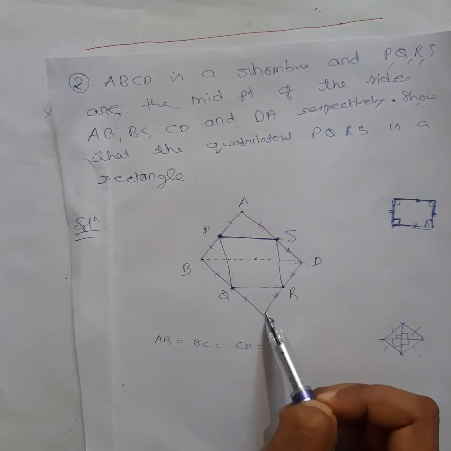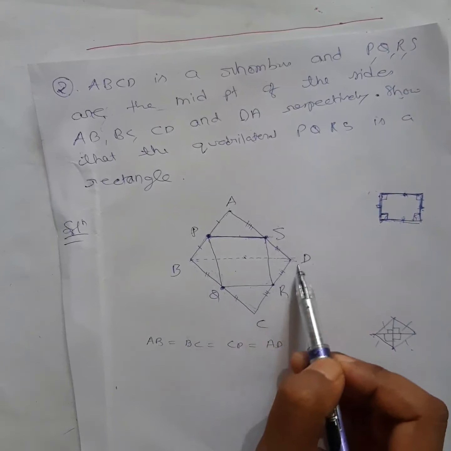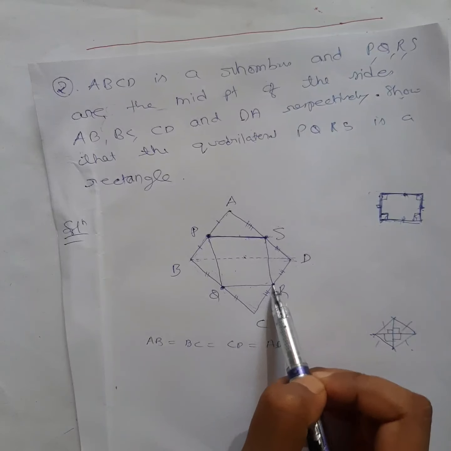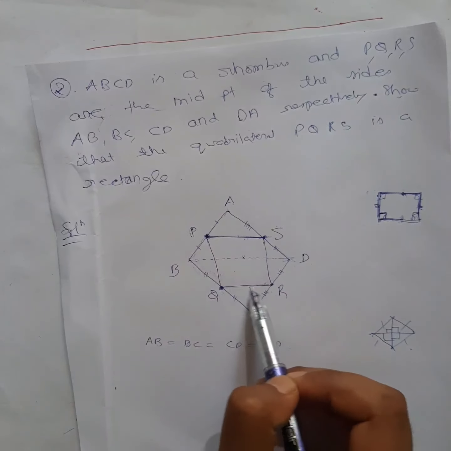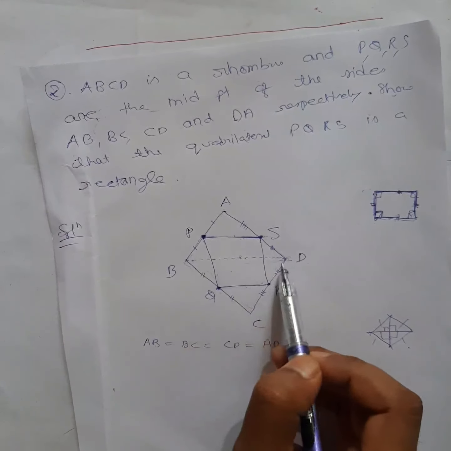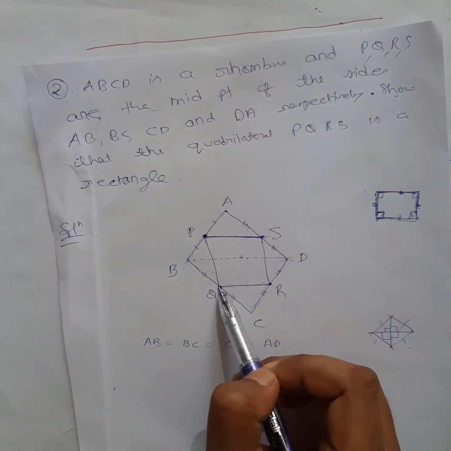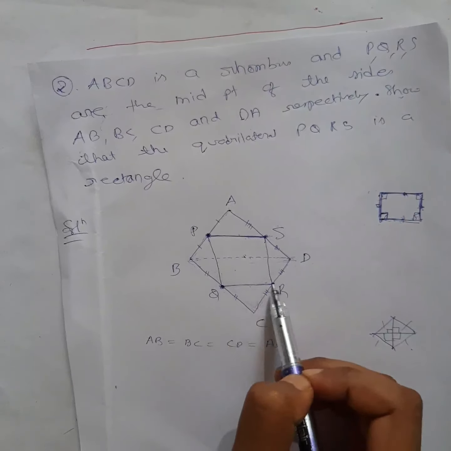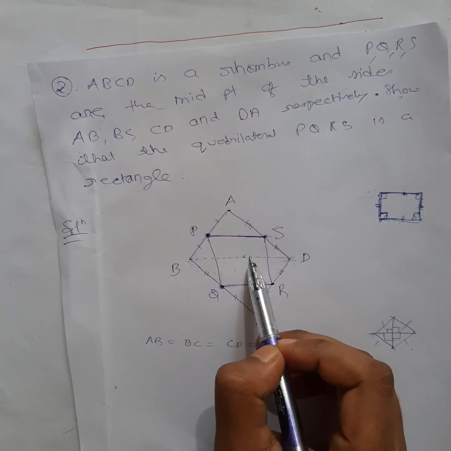Once you draw this diagonal, in this triangle you can see these are the midpoints and you have joined this line, right? So this line will also be parallel to this one. Two sides of a triangle you have selected and taken the midpoints, suppose you join them, then this will be parallel to the third side. We know from the theorem.